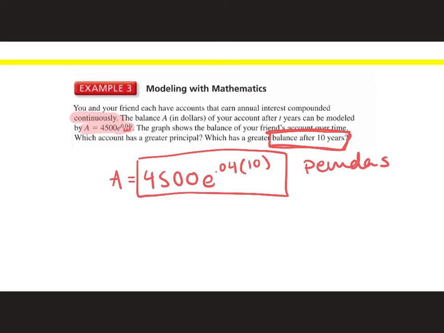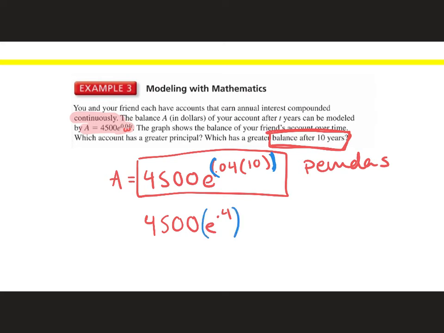So what would we do first here in our calculator? Right, we got to multiply these together first and then treat it as an exponent. So what is 10 times 0.04? 0.4. So this is 4,500 times e to the power of 0.4. What do we do in our calculator next? Awesome.